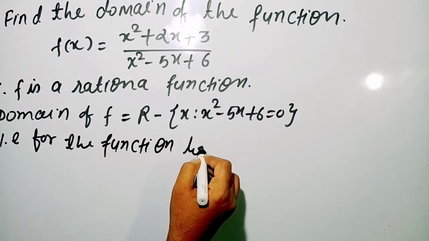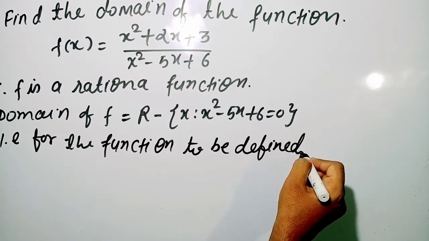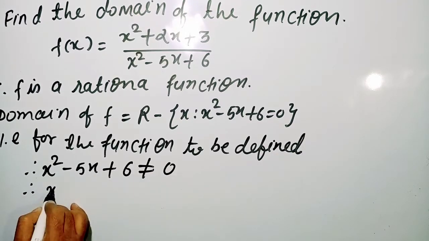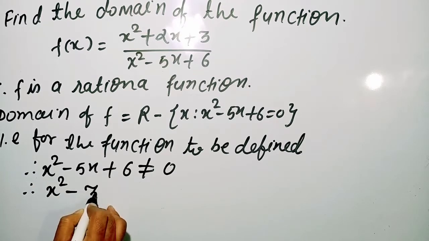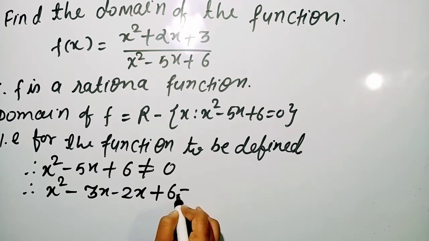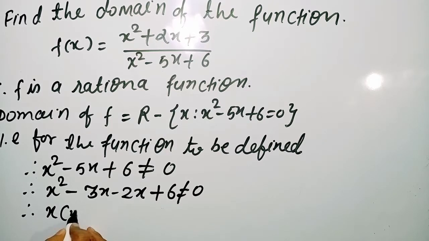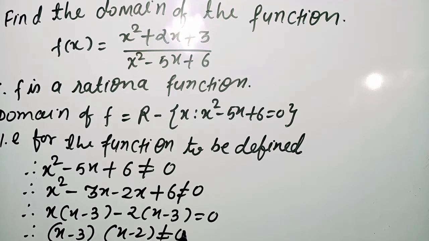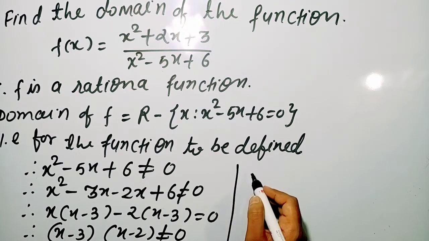So for this one, the function can be defined if x square minus 5x plus 6 is not equal to 0. Using factorization, we can factorize over here: x square minus 3x minus 2x plus 6 is not equal to 0. Taking x common, x minus 3, and minus 2 common from here, (x minus 3)(x minus 2) is not equal to 0.